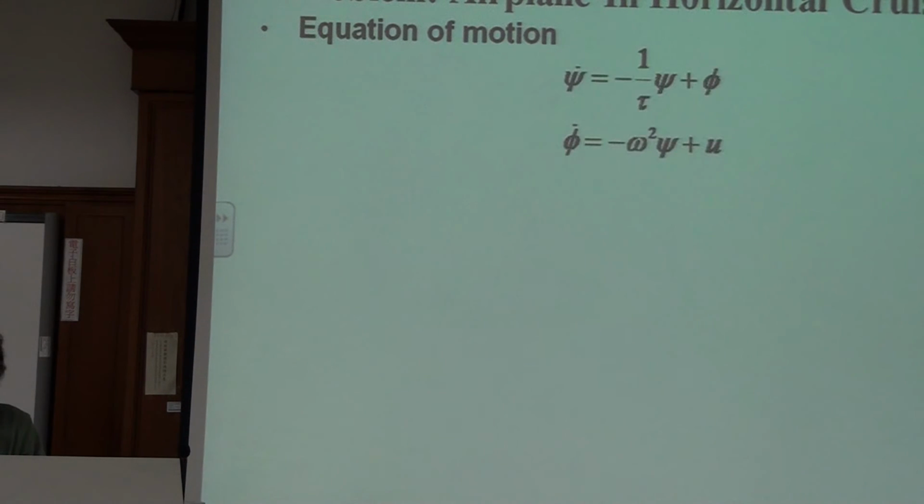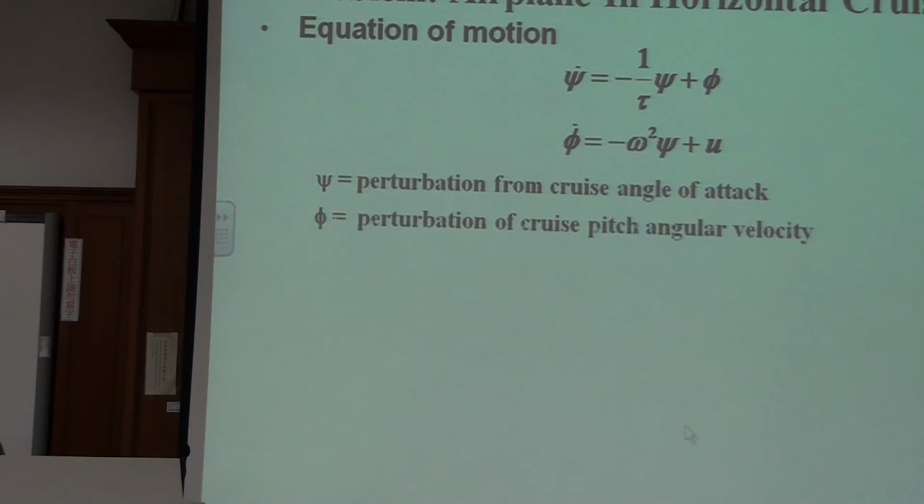Then look at the airplane example. This is another example, two different films. I'm just showing you some of the examples. Psi is the perturbation from cruise angle of attack. Phi is the perturbation of cruise pitch angular velocity.